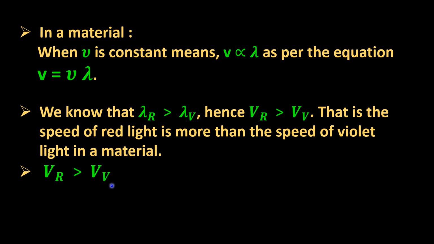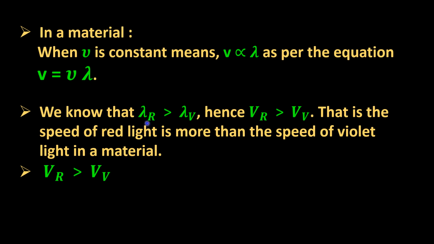We should understand these concepts well in order to know why dispersion takes place. So the conclusion here is all colors travel with the same speed in vacuum, whereas in any material, that is in glass or in water, the speed of colors depends on their wavelengths.